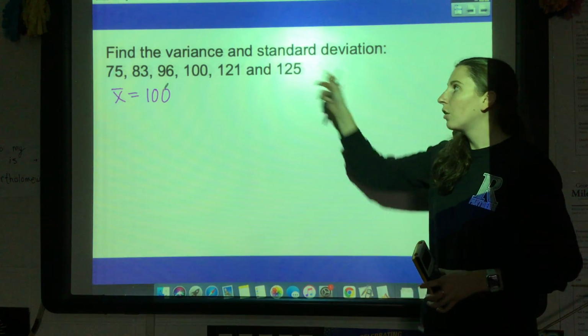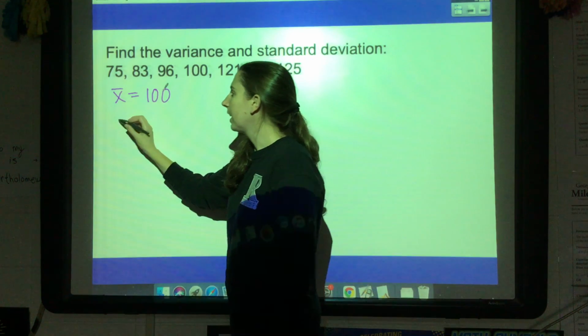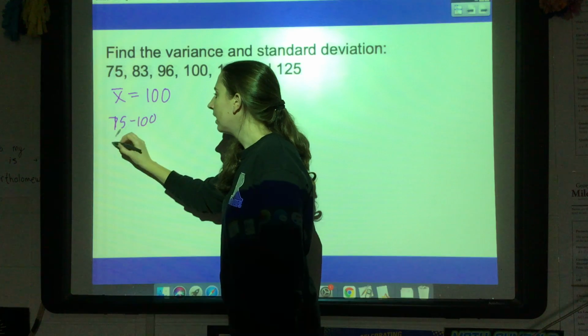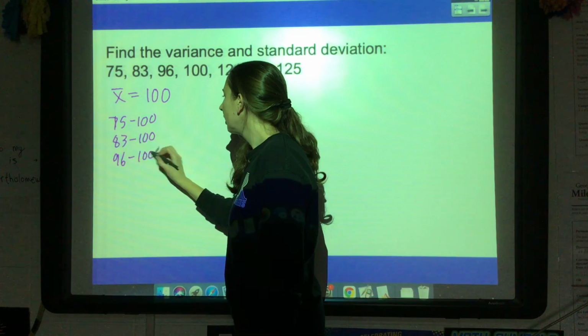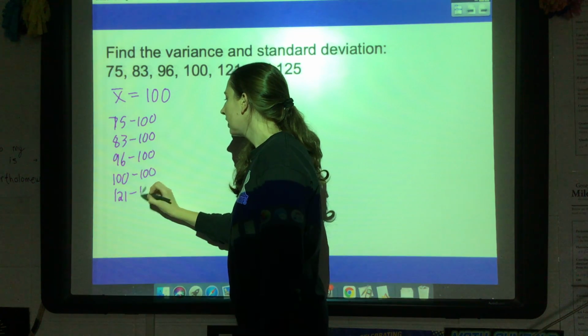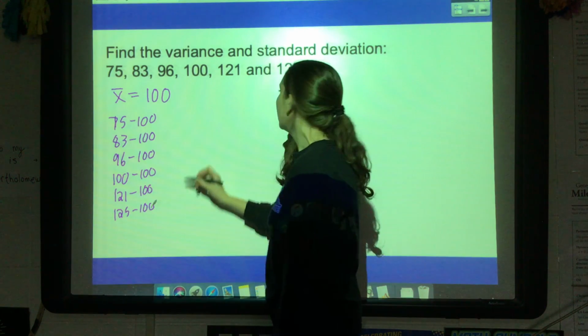Now I want to see how far each of these is from that mean. So if I take 75 minus 100, 83 minus 100, 96 minus 100, 100 minus 100, 121 minus 100, and 125 minus 100. This is pretty easy.